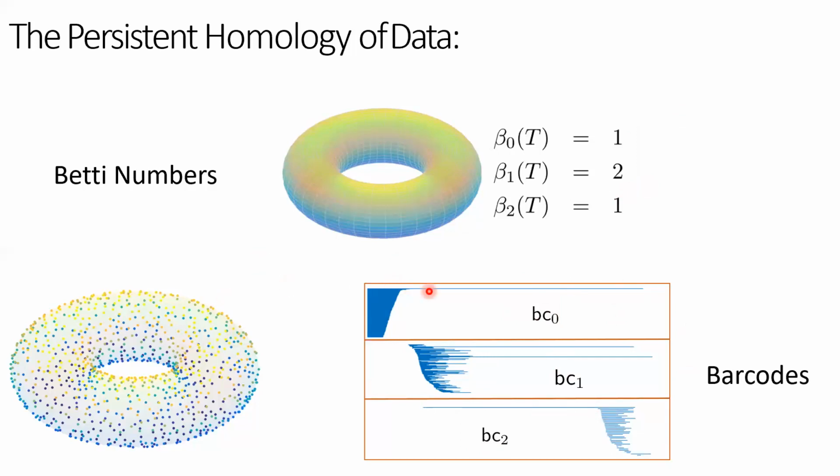So here you have one connected component because Betti 0 is 1, and the barcode in dimension 0 also has only one long bar. Betti 1 is 2. Here in the barcode, you have two long bars. Betti 2 is 1, and here in the barcode in dimension 2, you also have one long bar. So the barcodes are supposed to recover the topology as measured by the Betti numbers in lower dimensions.